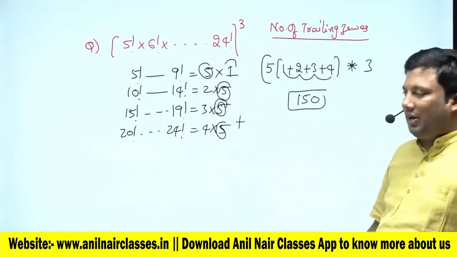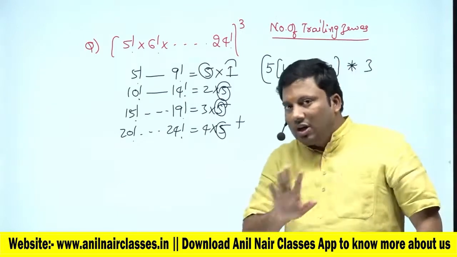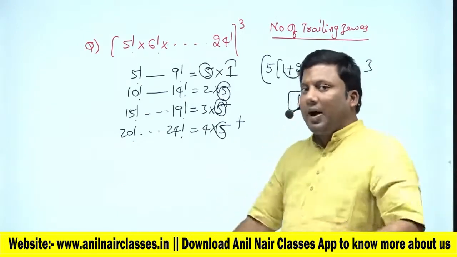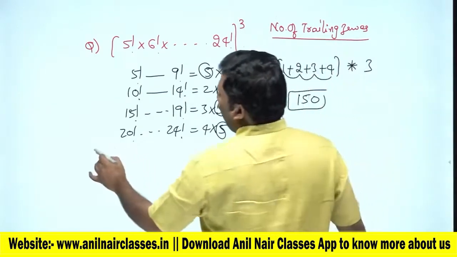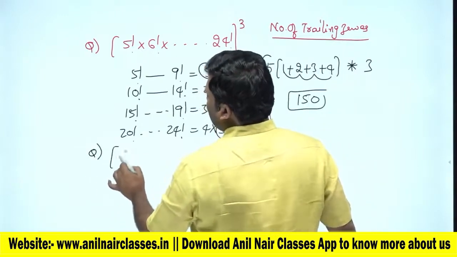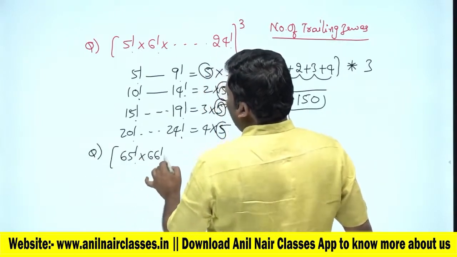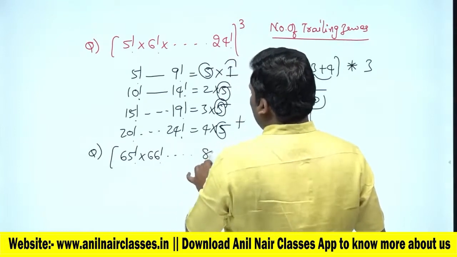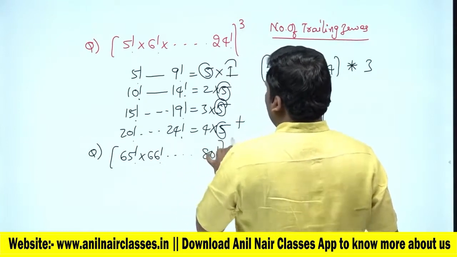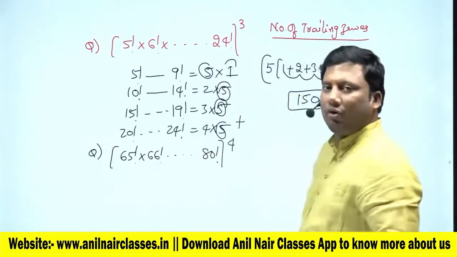It is 150. It is not difficult, just with a little practice, you can solve it very, very easily. The problem: 65 factorial into 66 factorial and so on up to 80 factorial, power 4.